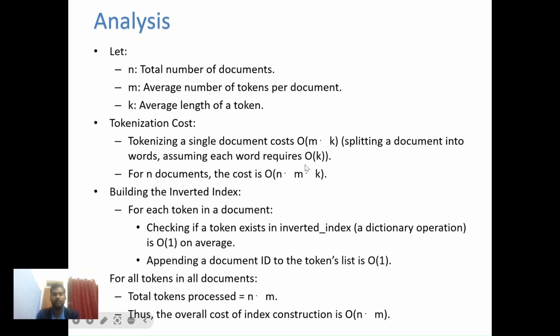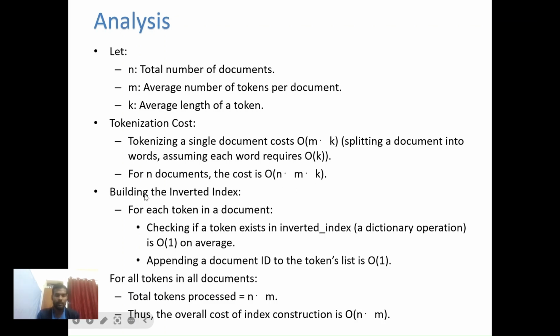We assume that each word requires some k time to be processed, and splitting the document into words takes some k time, and for a single document there are on average m tokens. So for a single document O(m times k) time is required to tokenize, and for n documents we have n times m times k.